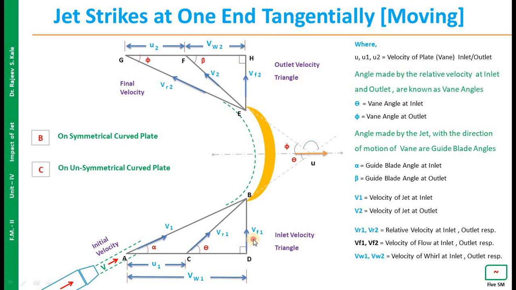At inlet it is VF1, at outlet it is VF2, making an angle of 90 degrees. VW1 and VW2 are the velocity of whirl at inlet and outlet. It is created because the plate is unsymmetrical, the plate is also moving. The jet is acting at one end tangentially.